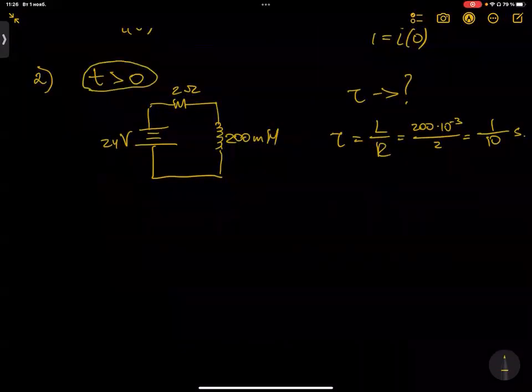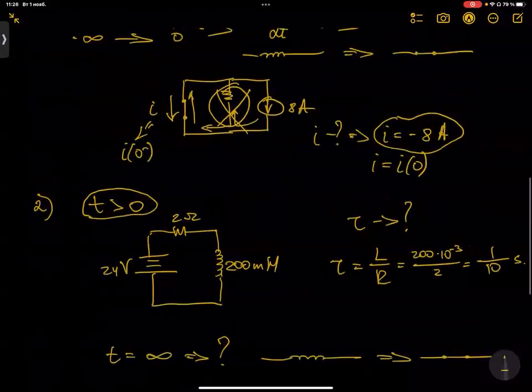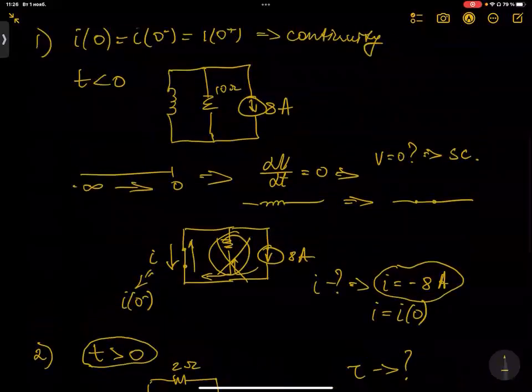But when t equals infinity, what will be the case? When t is infinite, we can replace the inductor with a short circuit. Just as before t equals 0, meaning from minus infinity to 0, we replaced this inductor with a short circuit.